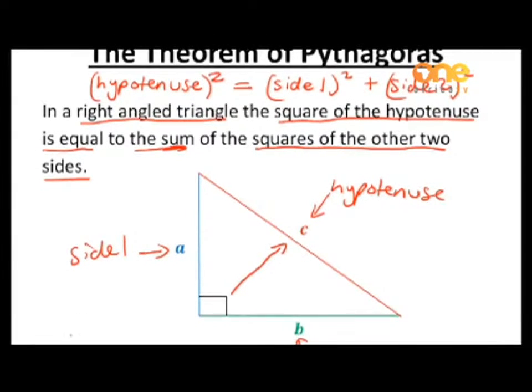So often they like to write Pythagoras' theorem as c squared equals a squared plus b squared. So that's why it's so important to correctly write down the hypotenuse. Side 1 and side 2 aren't as important, as you can interchange them.